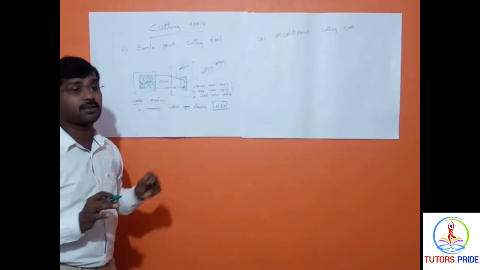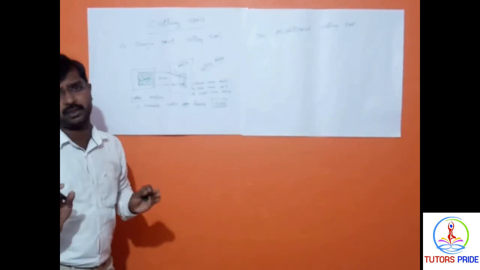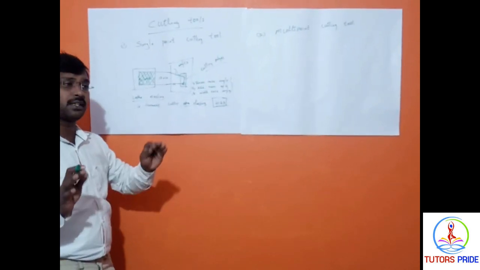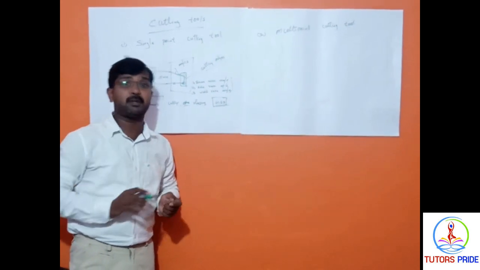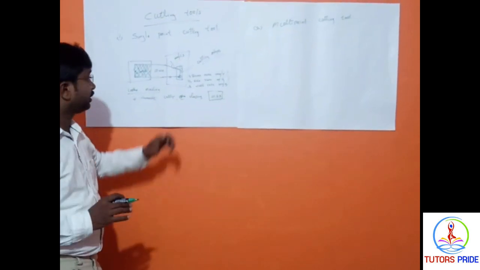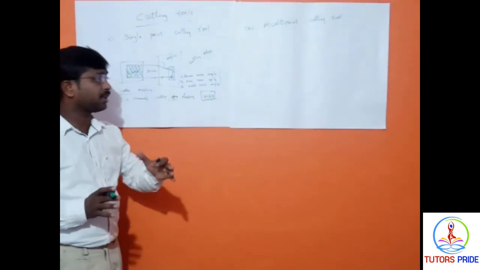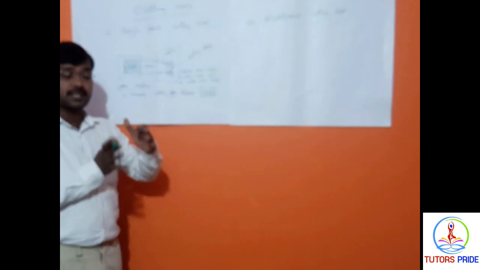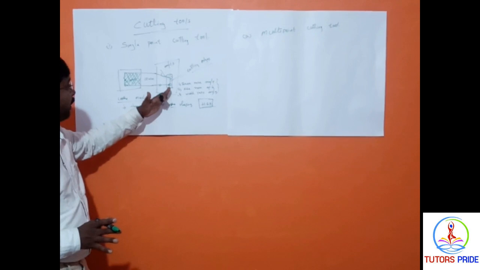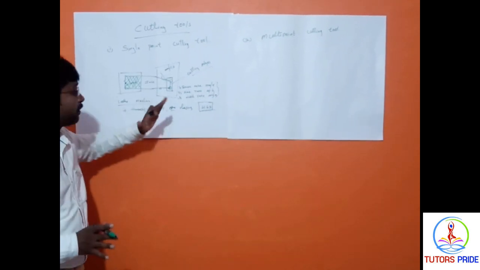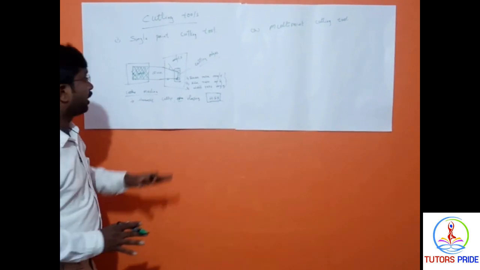That's the reason we are using carbide tips, especially for cutting. You can say the hardest material in the universe is diamond. But why are we using carbide tips? Diamond we can also use, but it's the costliest one, and it does not give the exact finishing. That's the reason we take the front portion with carbide tips on high speed steel material.